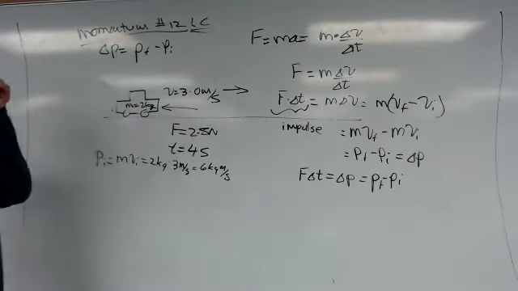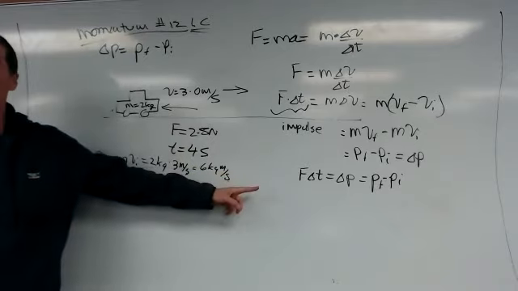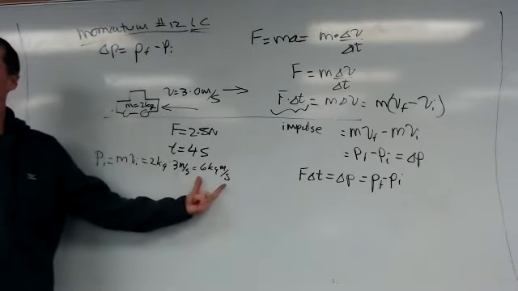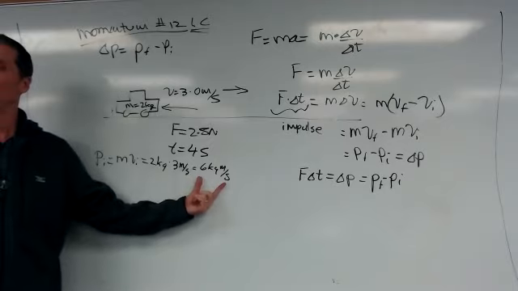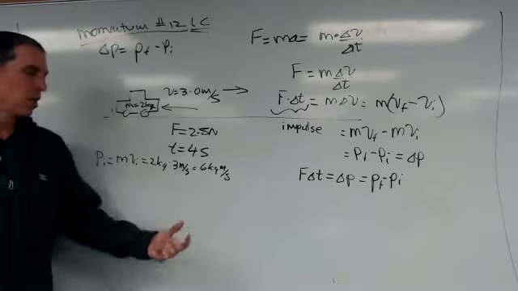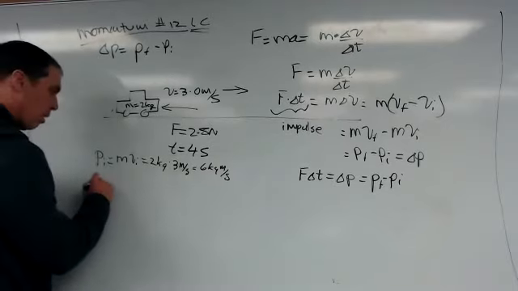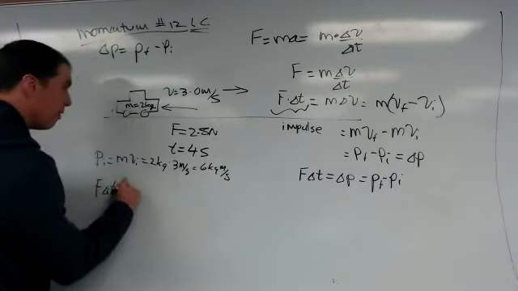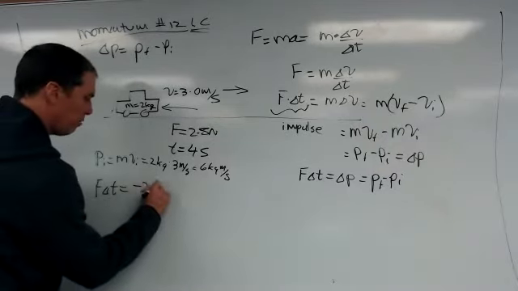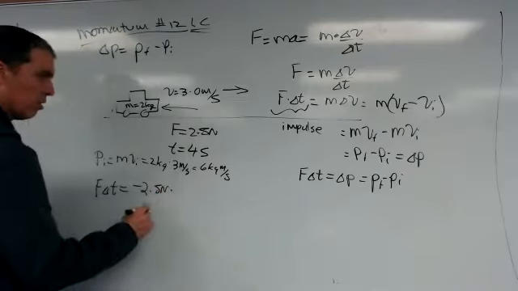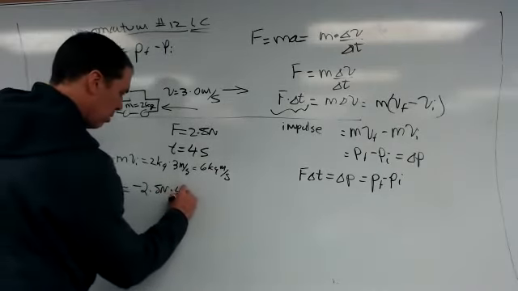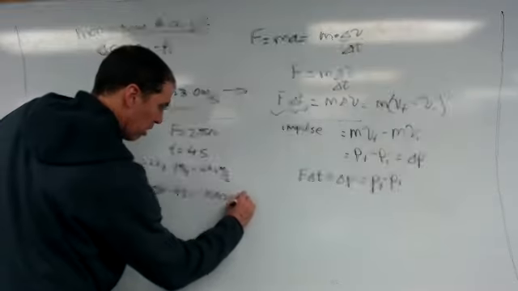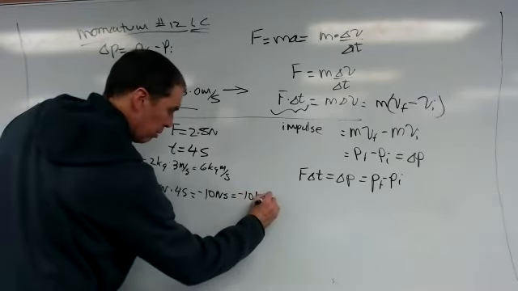Now, if it's going to have a change in momentum by a force pointing this way, since I'm calling this positive, I can't also call the force positive, right? And so I have to say the impulse is minus 2.5 newtons times 4 seconds, which is minus 10 newton seconds or minus 10 kilogram meters per second.